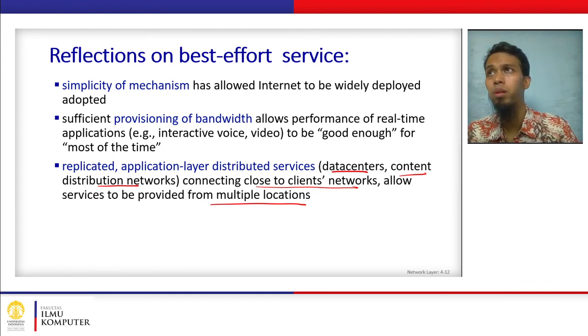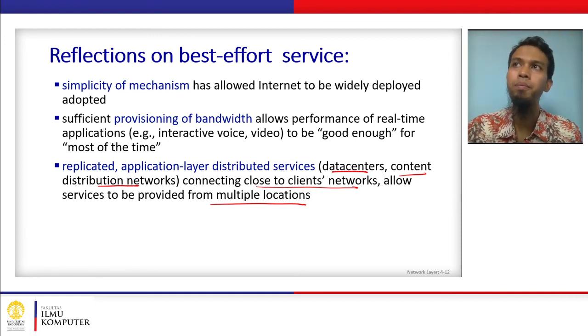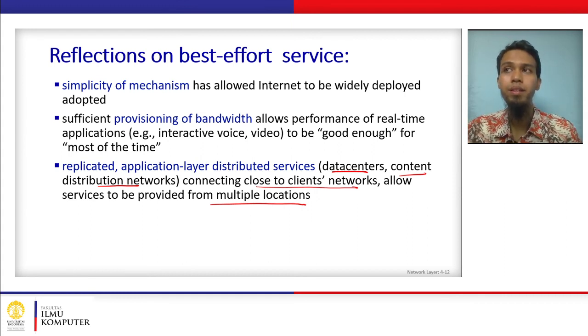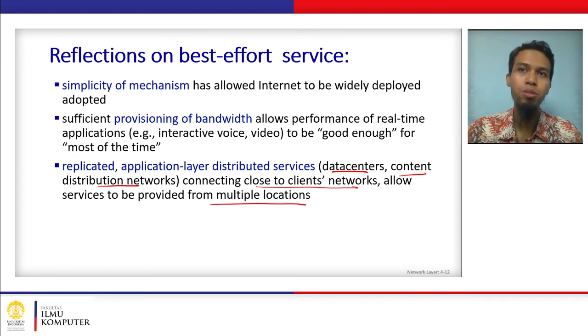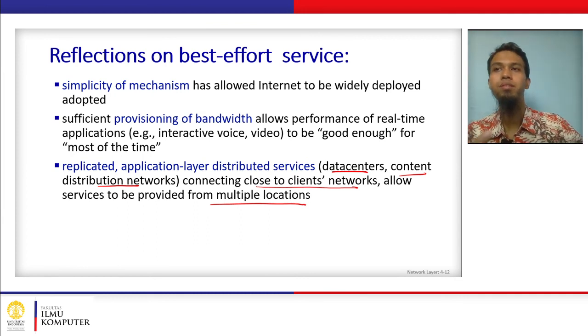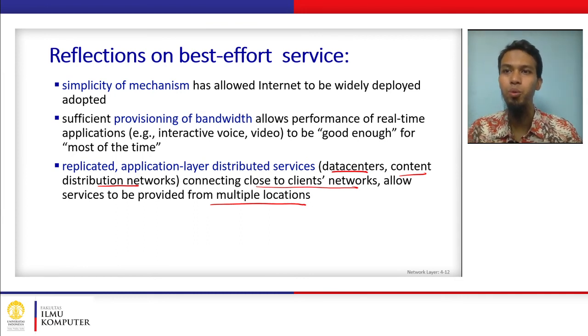This is very true. For example, Google or YouTube have data centers all around the globe, and they can also put the content everywhere around the globe. So users in one geographical area don't have to access the server in the US, for example.